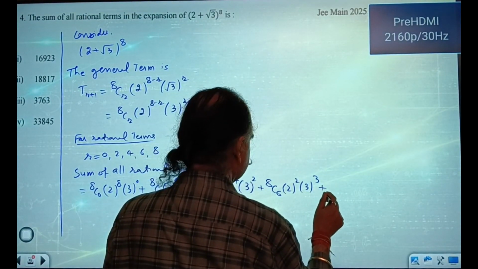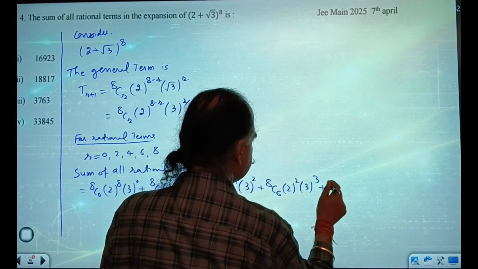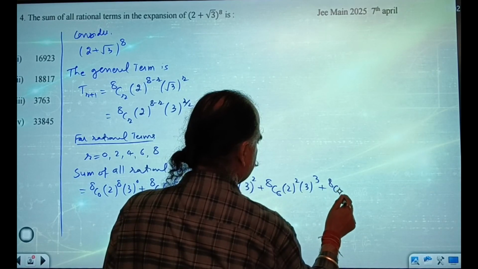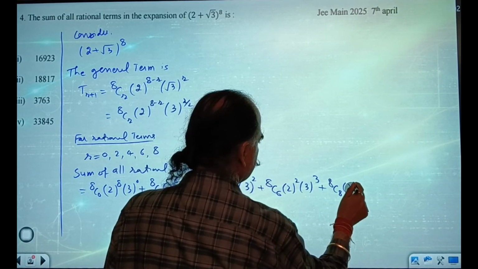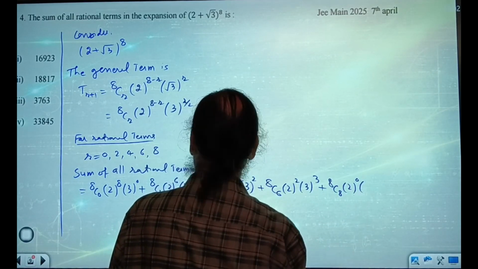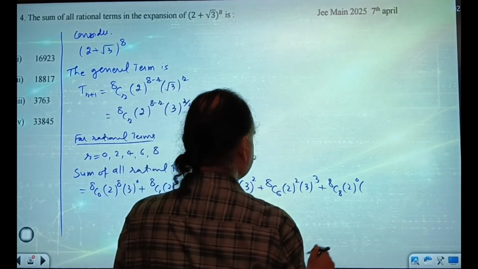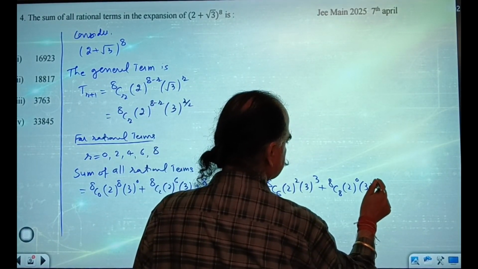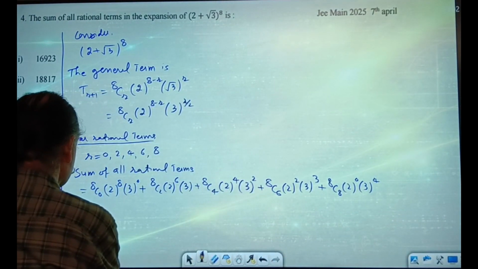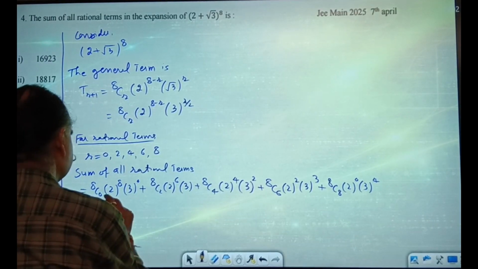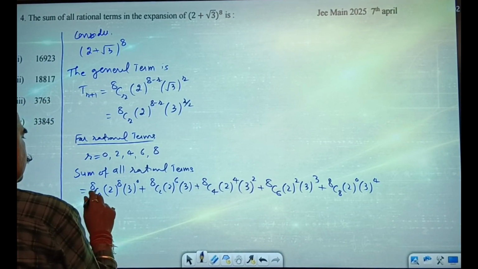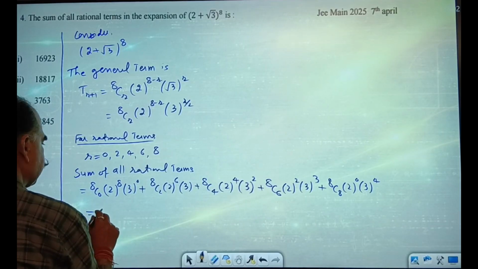Then plus 8C8 2^0 and 3^4. Now 2 raised to 8 is 256.